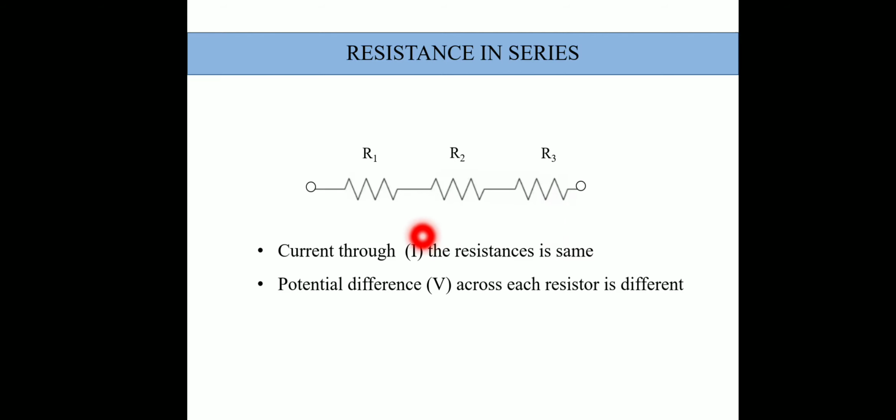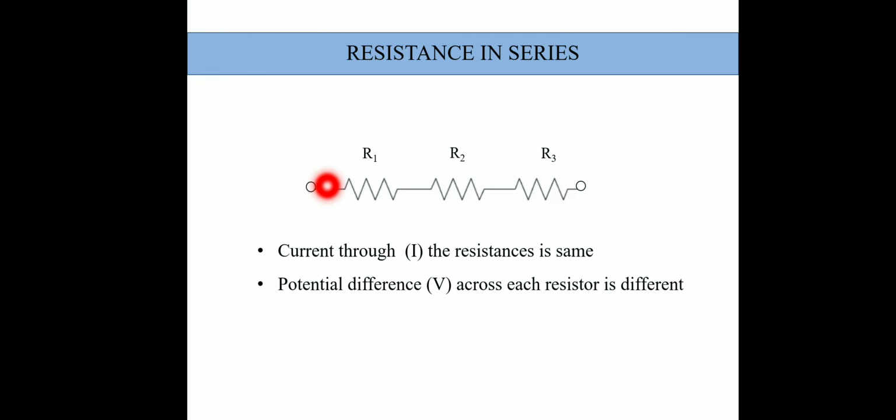Also we have seen that these series resistances which are connected in a straight line, we can think of as a straight pipe. When we pour water into the pipe, the water which is coming out of the pipe will be of the same amount that we have put in at the entrance point.